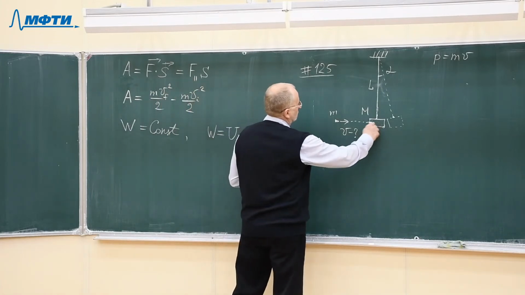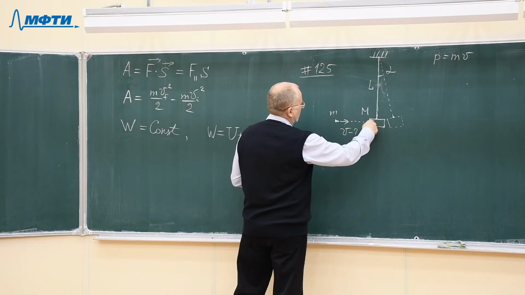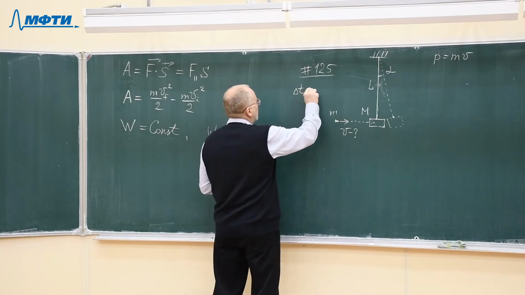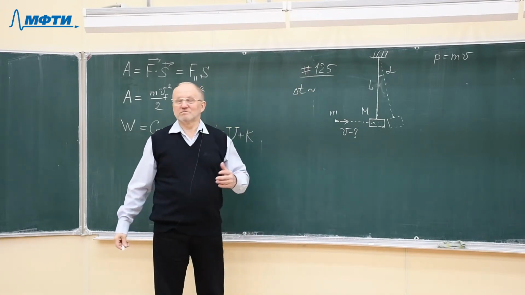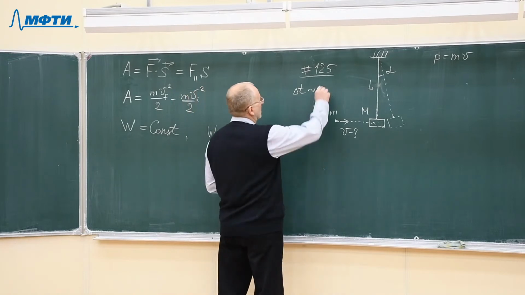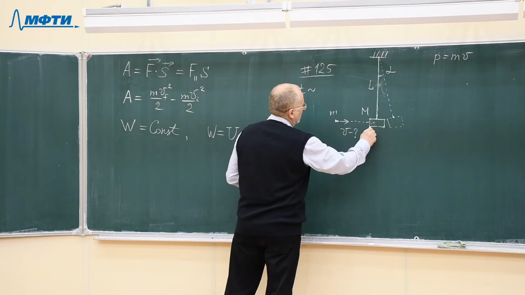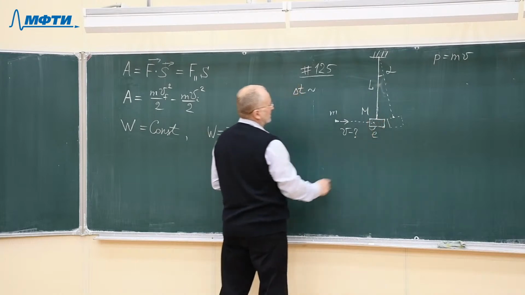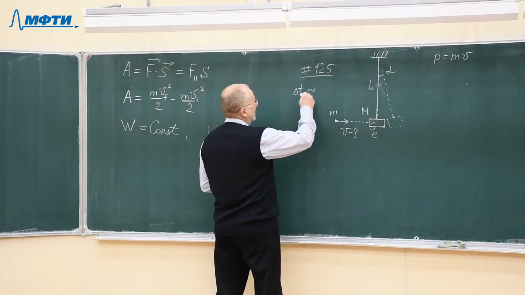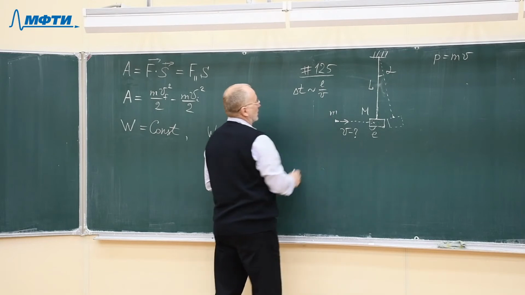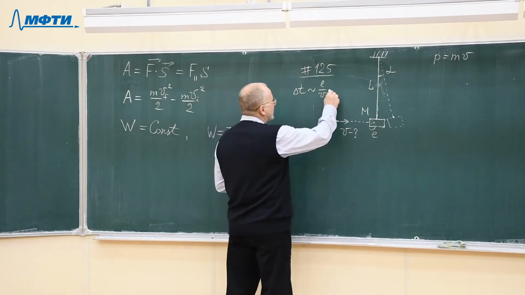So the duration of time when the bullet is retarded here is approximately, by the order of value, the length covered by the bullet inside the sandbox divided by the velocity. This is by the order of magnitude.